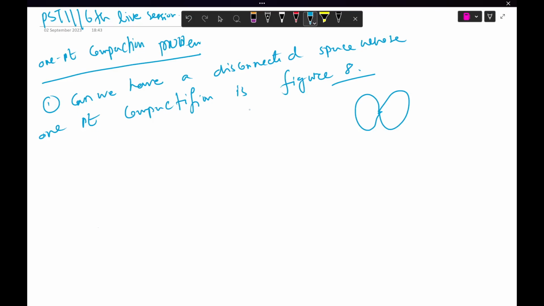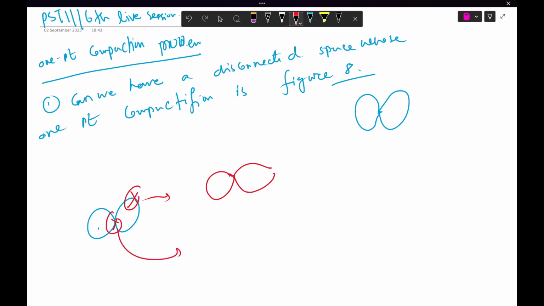So if it is a figure 8, in how many ways can we remove one point of figure 8? From here we can remove one point. From here we can remove one point. If we consider this, then the resultant space looks like this. And if we remove this point, the resultant space looks like this.